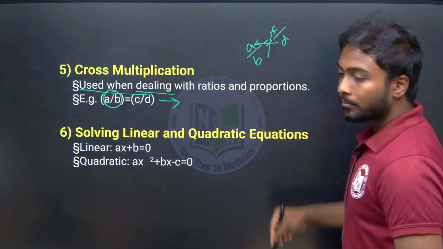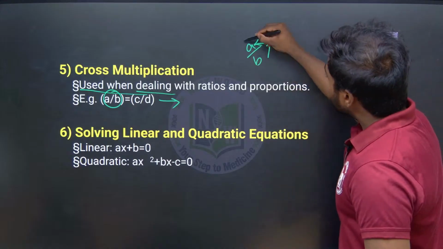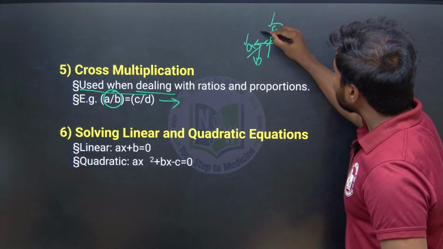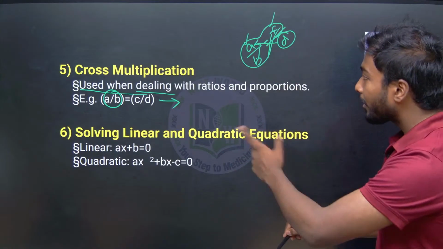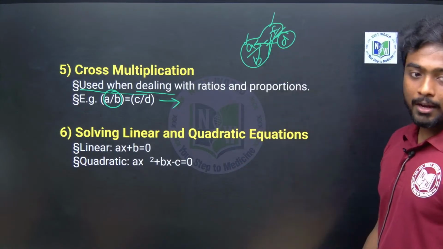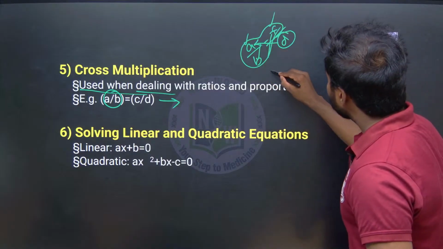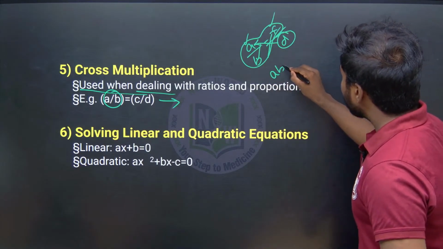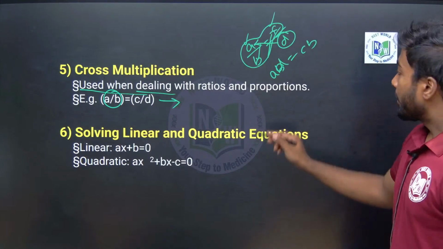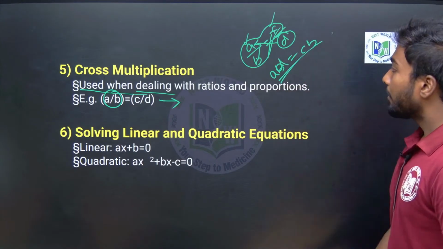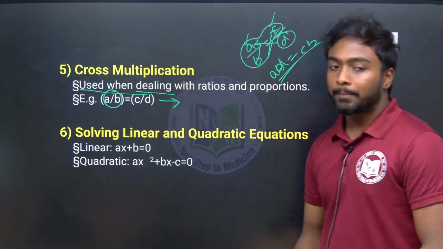In these terms, three values are known and one will be unknown. By using cross multiplication, I can find the unknown. So if I cross multiply, I get AD is equal to CB. This is how I will do cross multiplication.